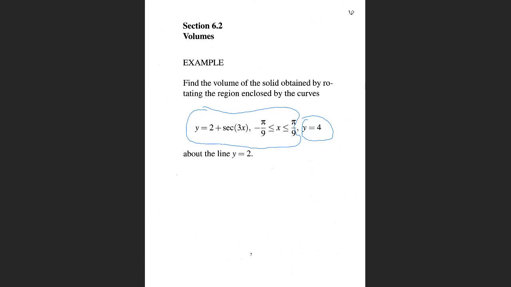There's a region enclosed by these two curves, and we're going to rotate that region about the line y equals 2. Now, y equals 2 plus secant of 3x, you can think of that as 2 plus 1 over the cosine of 3x, which might make it easier for you to graph in Desmos or on your TI-83, 84 calculator.